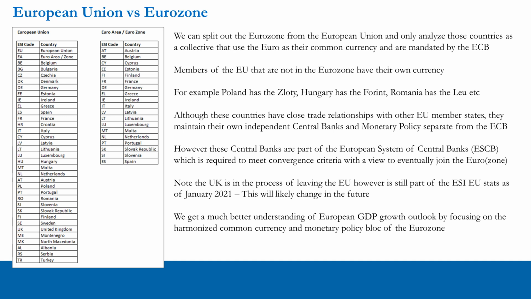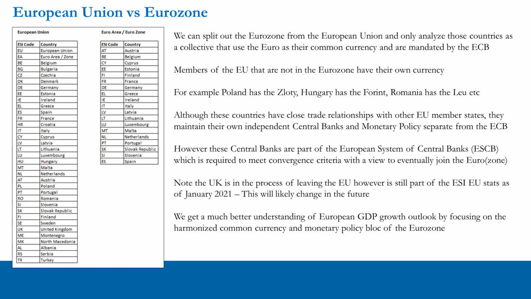However, the central banks of those countries are part of the European System of Central Banks, the ESCB, which is required to meet convergence criteria with a view to eventually joining the Eurozone.